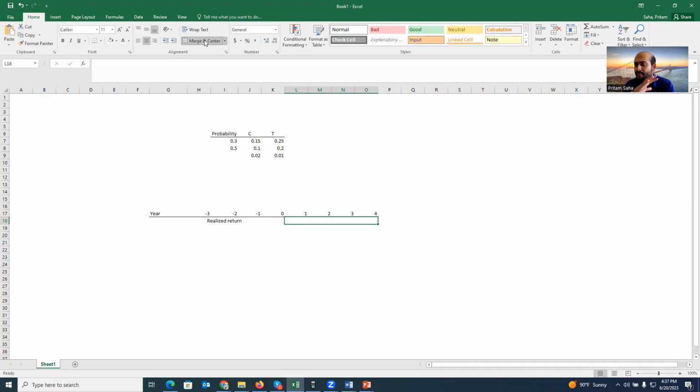We cannot predict with 100% certainty, but we can make an estimate that there is a high probability, because it is around June or July, that tomorrow will be hot rather than cold, right? Because it's midsummer. So we can make an estimate. When we try to predict tomorrow, we are talking about expected return, right? So when you say expected, you're talking about tomorrow. When you say realized, you're talking about the past, yesterday, okay?